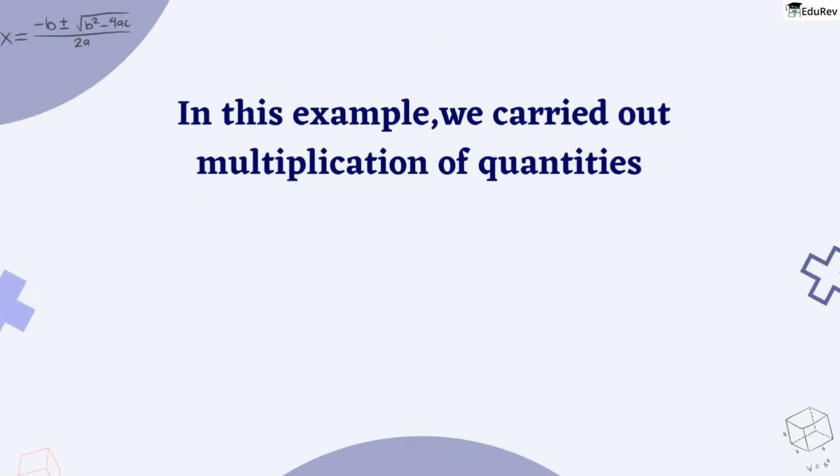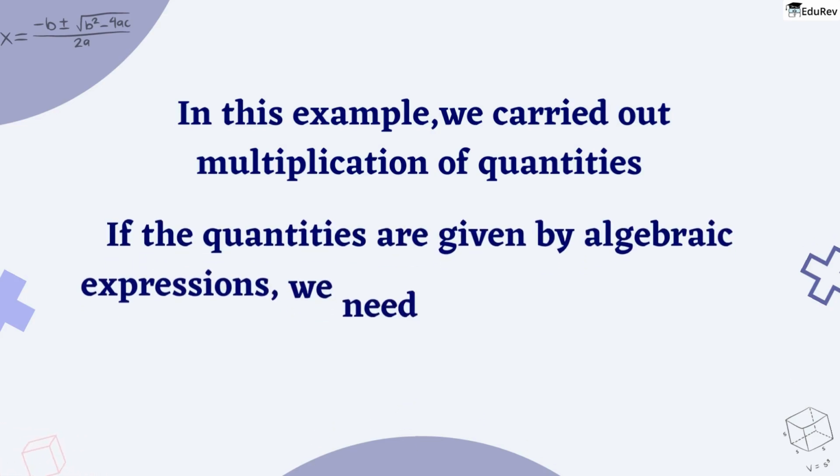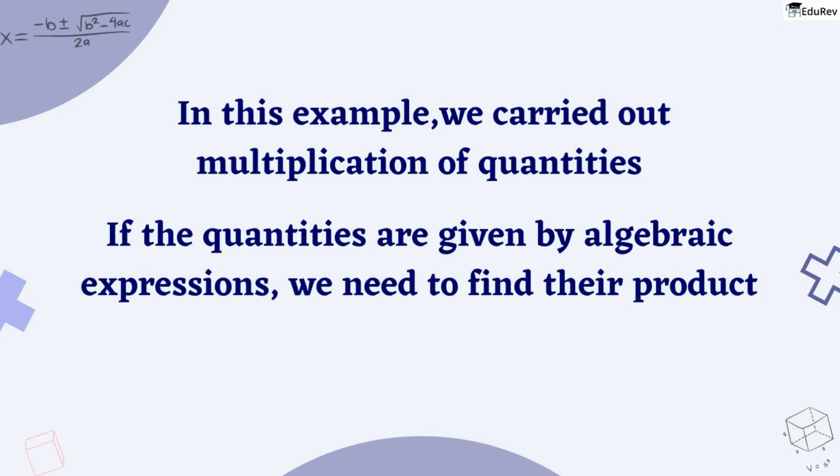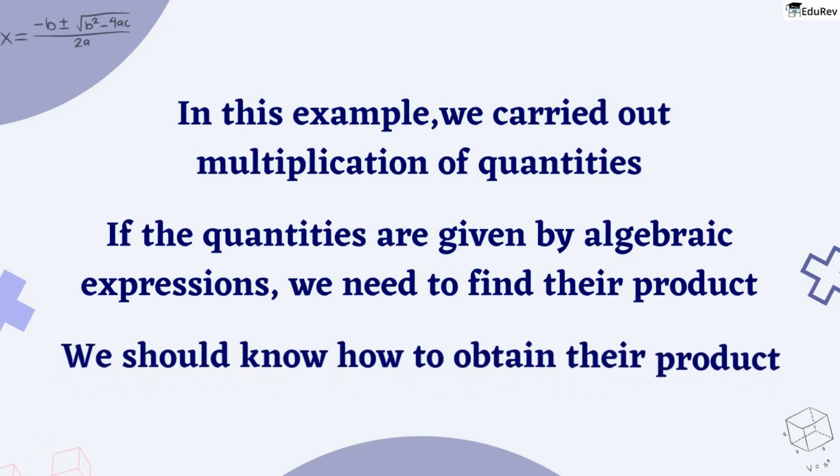Students, in this example, we carried out multiplication of quantities. Now suppose the quantities are given by algebraic expressions, we need to find their product. This means that we should know how to obtain their product. Let us do this systematically.